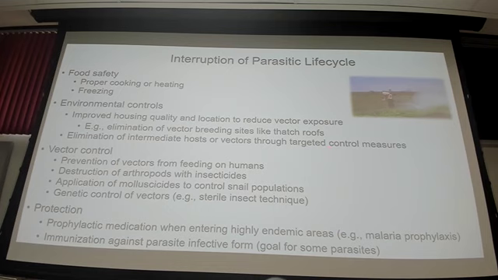We have a lot of information about vectors, like what types of environments they like to live in, so you can adjust appropriately, controlling things like thatched roofs. With vector control, meaning the arthropods, we have some really aggressive methods of reducing those populations, but also just simple things like bed nets when you sleep, mosquito nets, insect repellents, wearing protective clothing, maybe not going out in the evening during peak hours for certain types of mosquitoes.